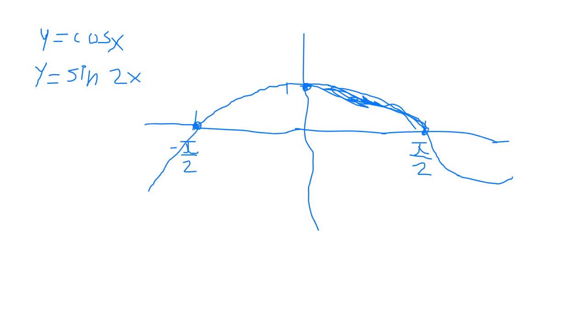And then also we have y equals sine of 2x. So it would start at 0, and then at some point it would intersect at pi over 6.